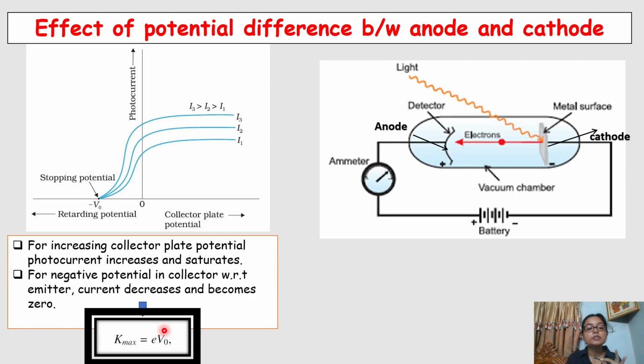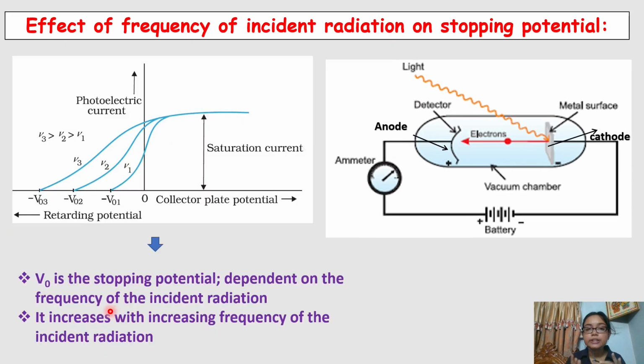Now, it is also observed that this stopping potential is also a function of the frequency of the incident radiation. If we increase the frequency, the stopping potential will increase.